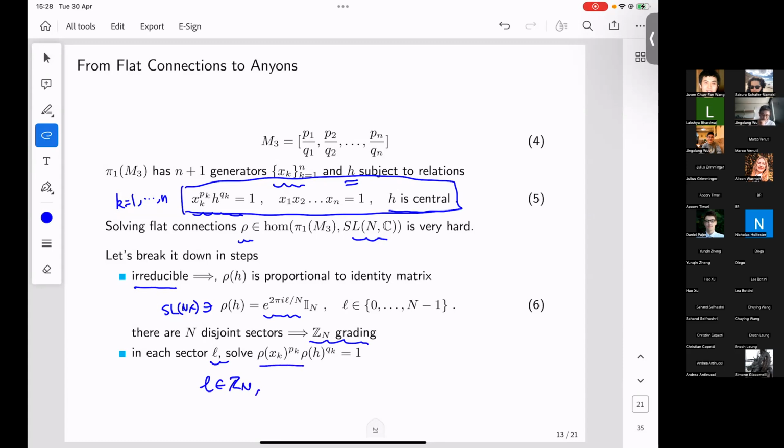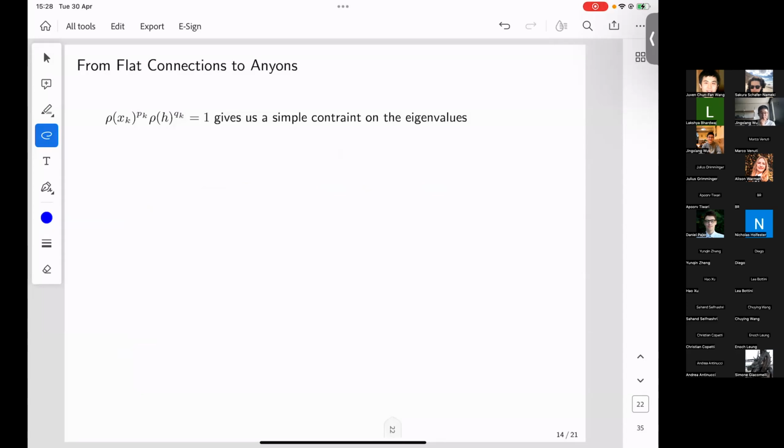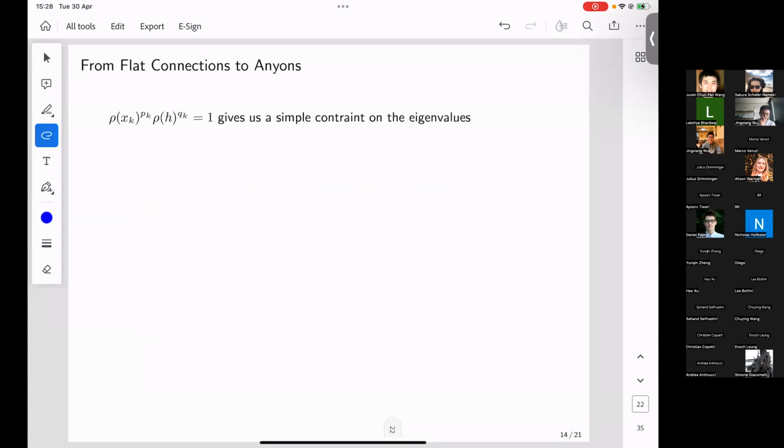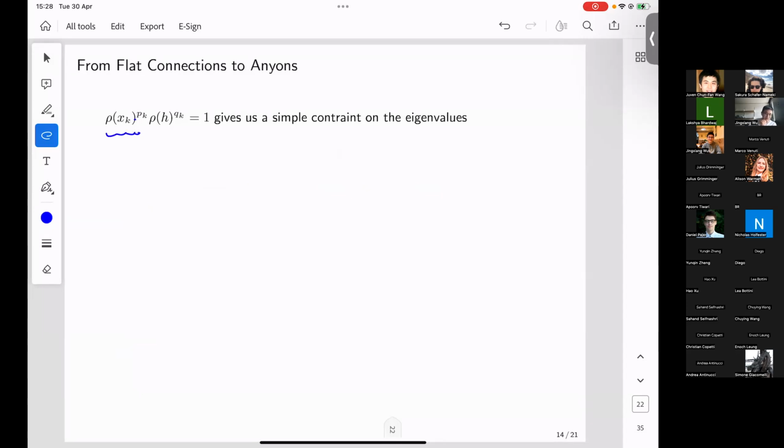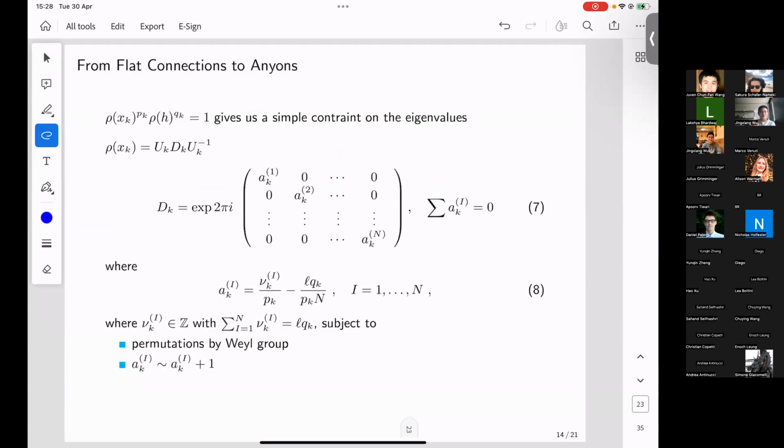For example, let's look at this equation. This is also very simple to solve. If you look at eigenvalues, this is basically saying this matrix to some power is proportional to the identity, since H is proportional to identity. So X to some power is proportional to identity, and the eigenvalue has to be a root of unity too.